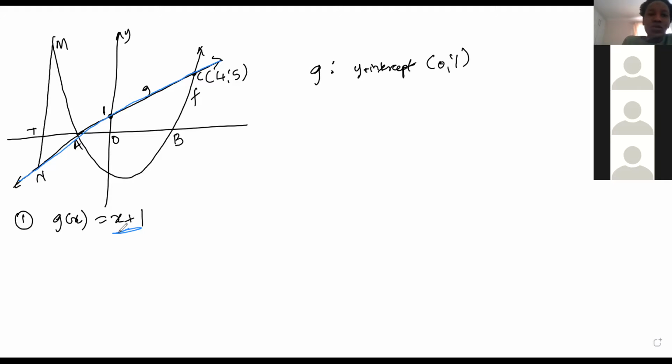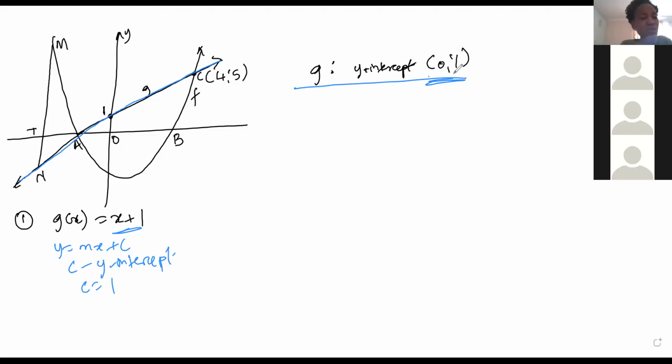They gave us that the y-intercept for G is 0 and 1. So you know the equation of a straight line, y equals mx plus c, and you know that c is the y-intercept. Already we know c is 1 because they told us the y-intercept is 0 and 1. So that means your graph is y equals mx plus 1.